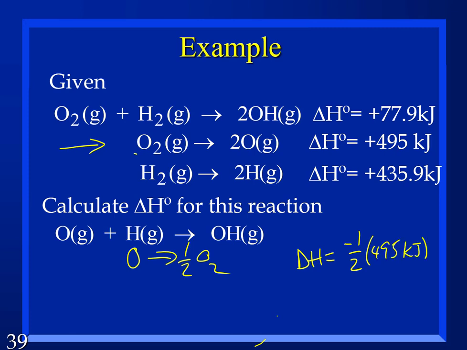I turned it around to put the O on the other side, and I cut it in half because I only wanted 1 O. The next thing I need is H. I need H over here. And it's going to be just like O. It's going to start off as 2 H's, and I'm only going to want half an H2. And the delta H for that is going to be, I turned it around and cut it in half.